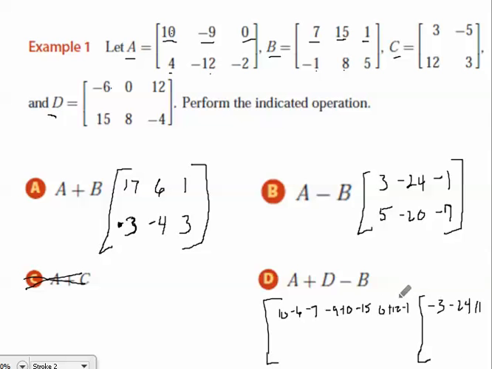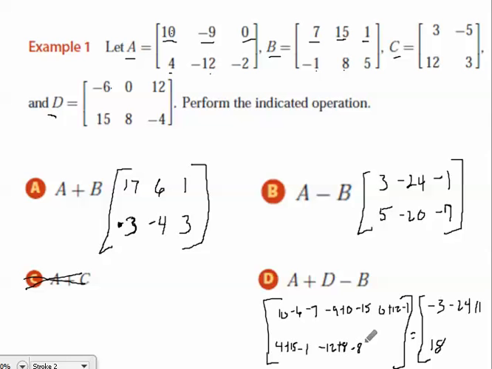You see what I'm doing there? You see how I'm getting those values in there? Okay? Go to the second row. We've got 4 plus 15, that's 19, minus 1, that's going to be an 18. If I take a negative 12 plus 8, that's going to be a negative 4.